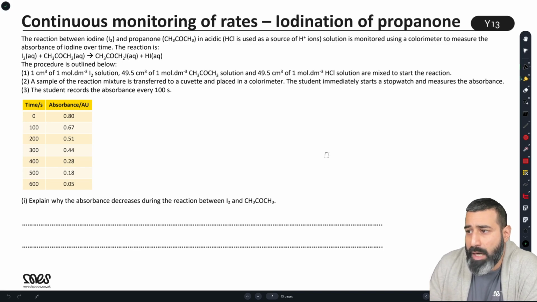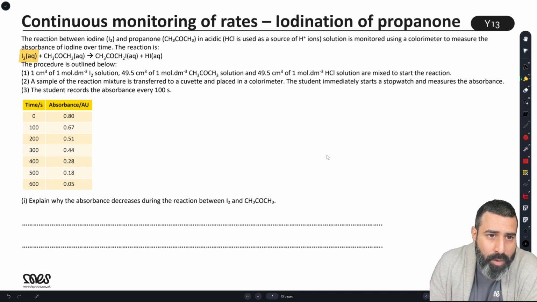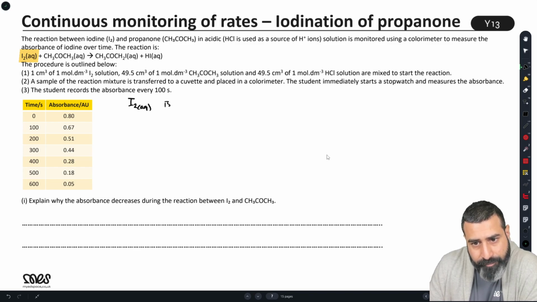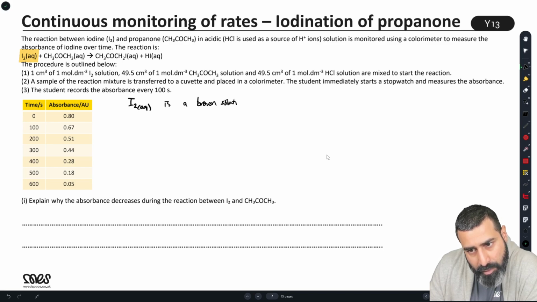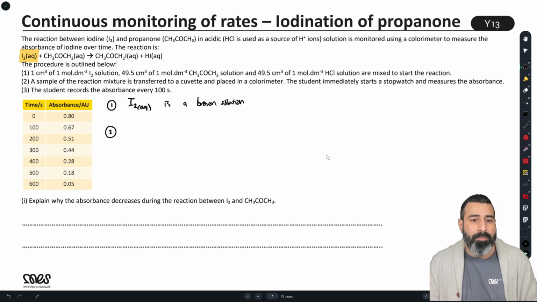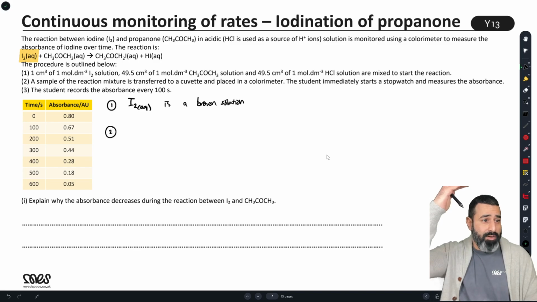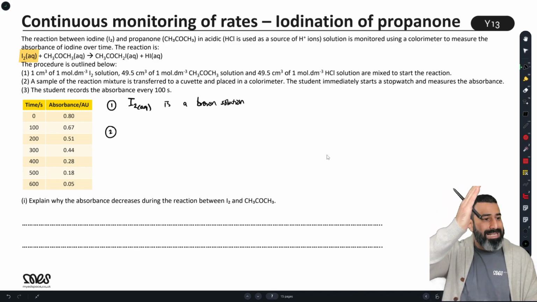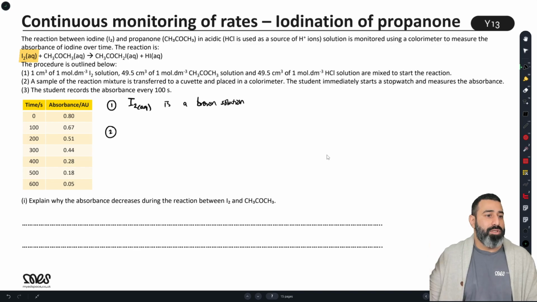Well, I2 in aqueous conditions is a brown solution, and it's a reactant. So the I2 concentration is going to start off high because it's a reactant, and then as it reacts, the I2 concentration is going to decrease, and as it's used up, the absorbance is going to go down.